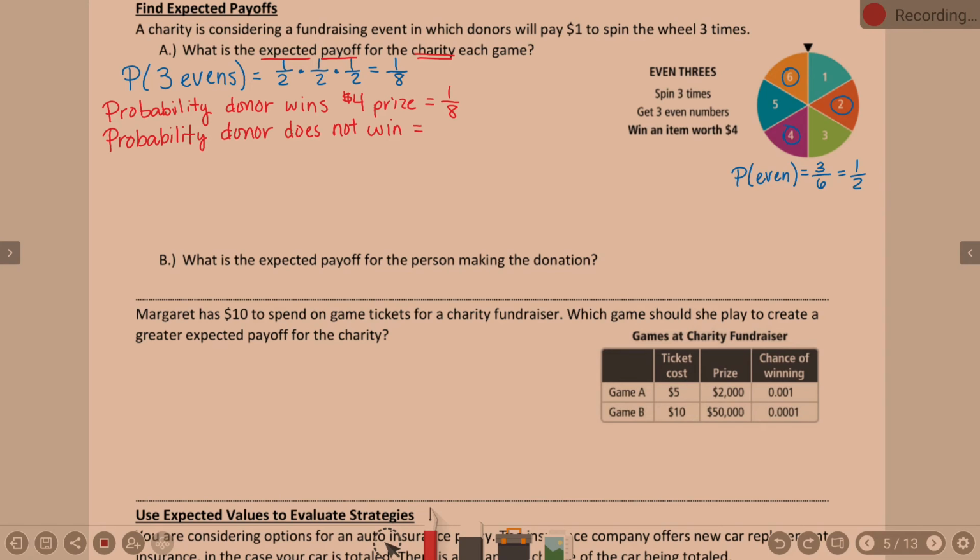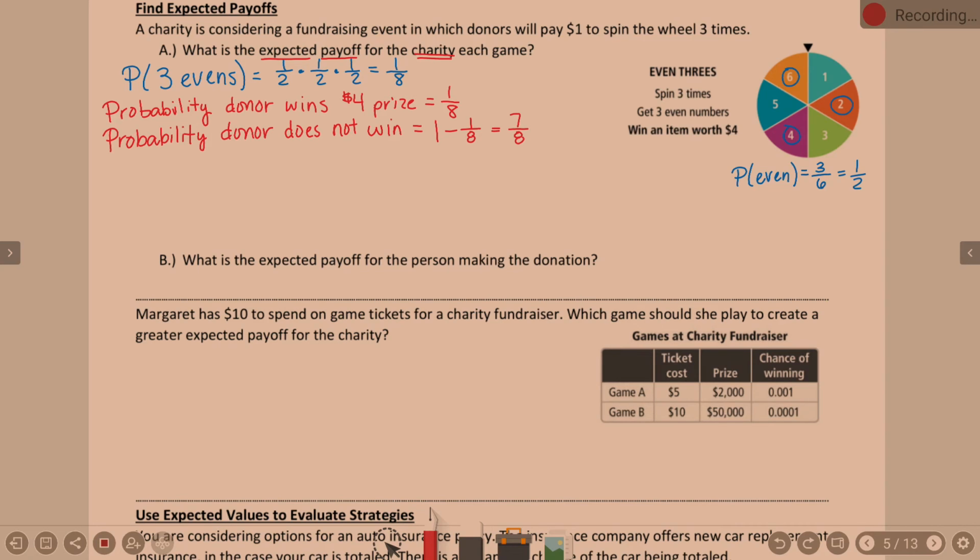Yeah, because if you have a 1/8 chance of winning, what's the chance of not winning? And that is your 7/8, right? You can think of it as, that's what I thought. On my notes, I wrote it down as 1 minus 1/8. Because it's like 100% chance minus the 1/8 chance, and so that is 7/8.